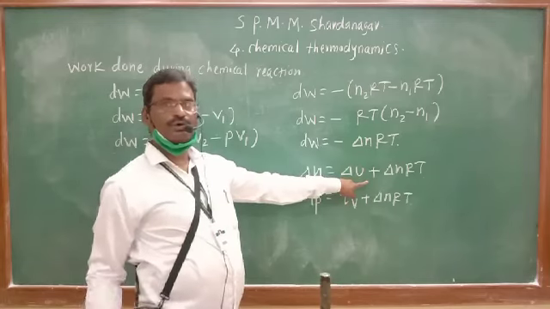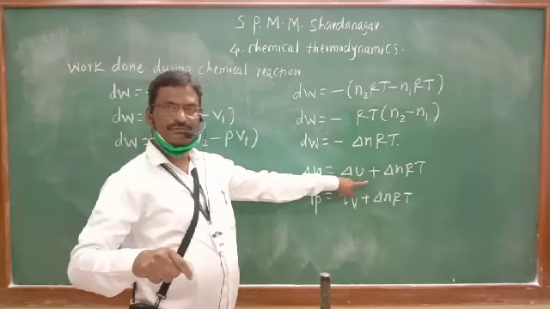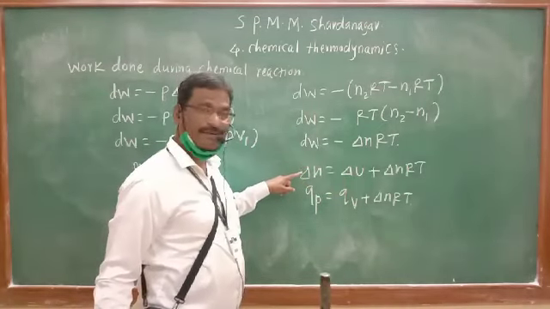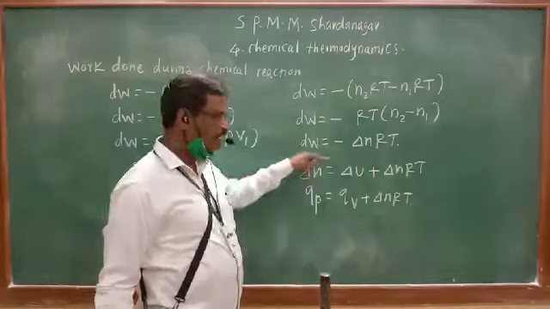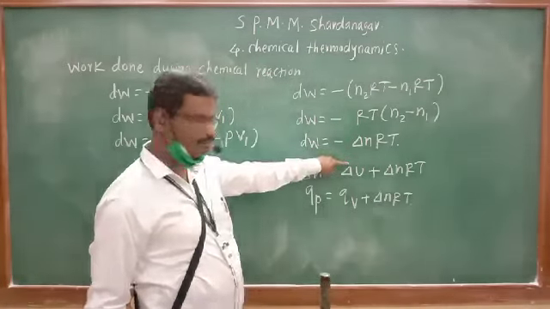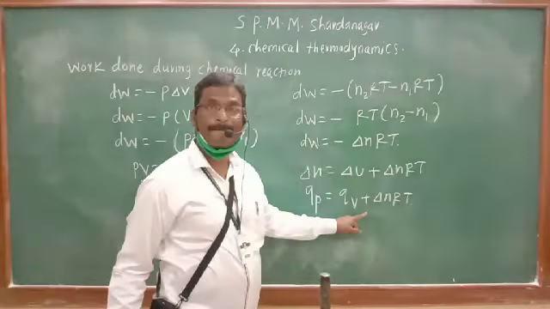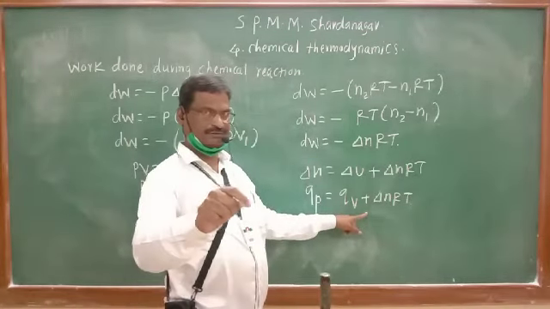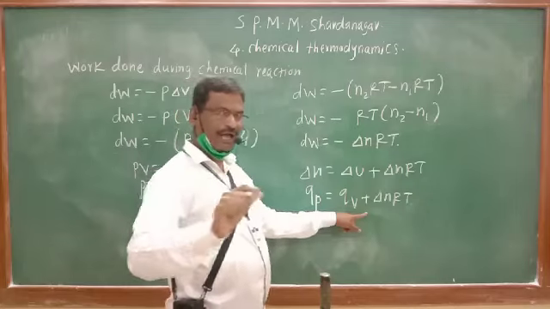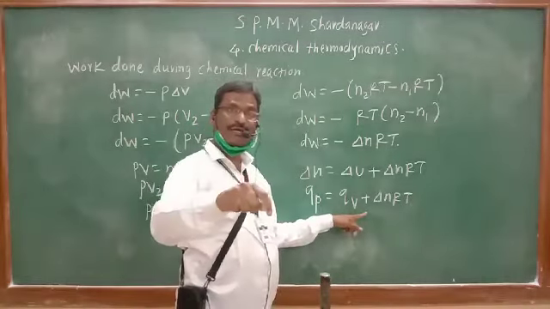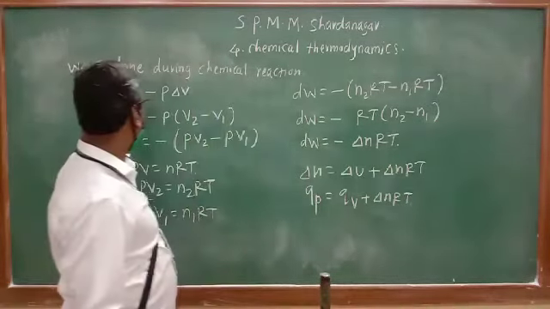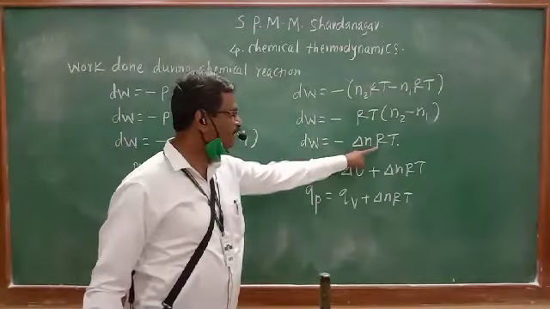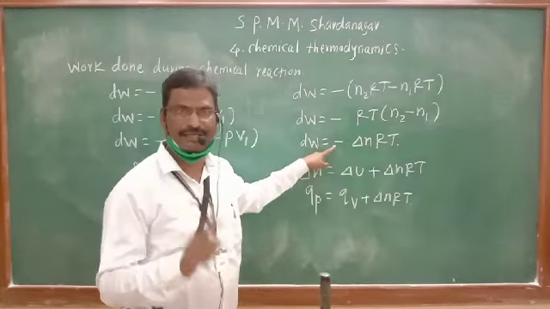Whenever we are deriving the relation between heat of reaction at constant pressure and heat of reaction at constant volume, there is a positive sign for delta nRT. But whenever we are deriving the expression for work done during chemical reaction, here delta nRT has a negative sign.